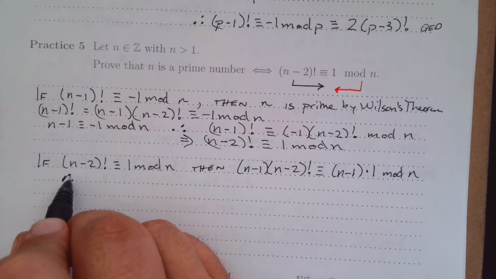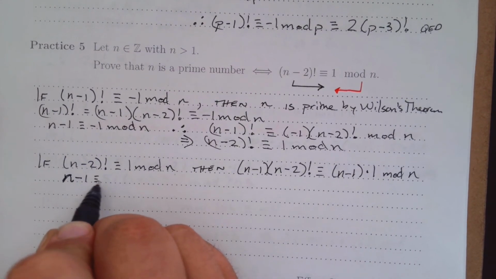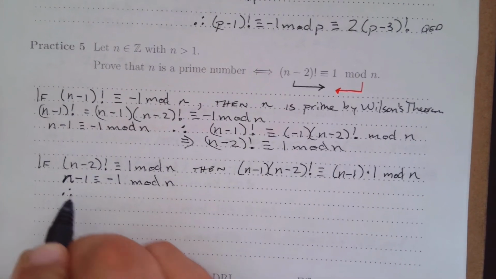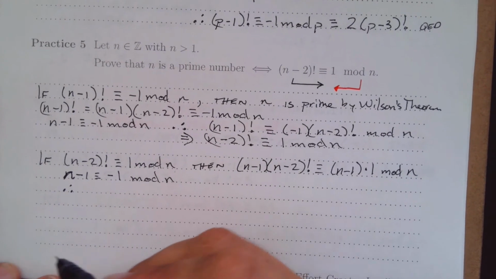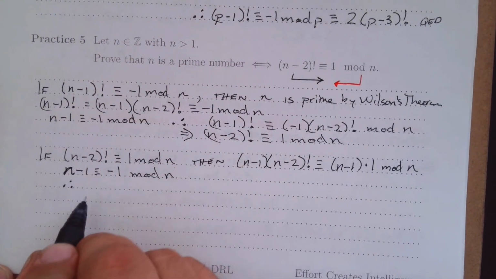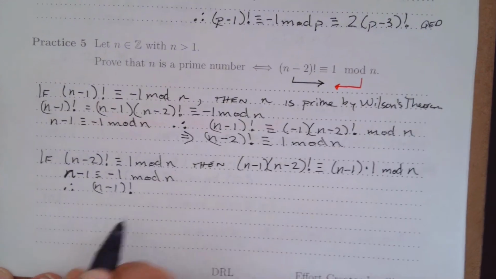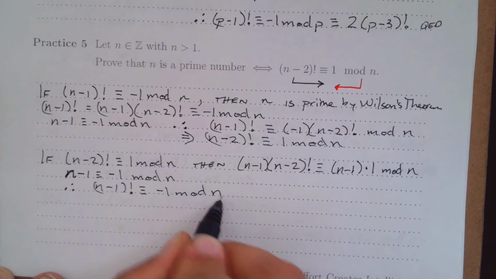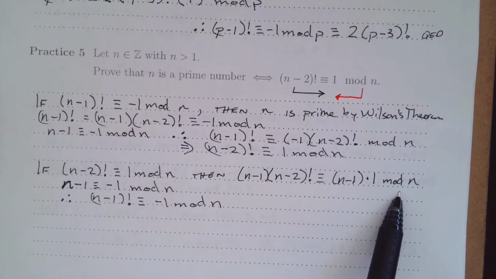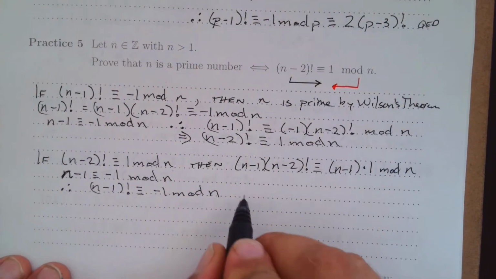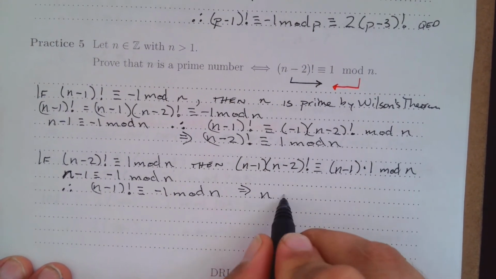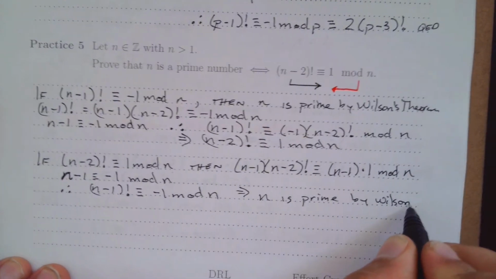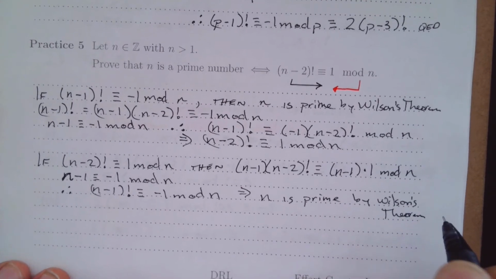Okay, which would then mean that, first we'll say, now we know that n minus 1 is equivalent to negative 1 mod n. So therefore, (n minus 1)! is equivalent to negative 1 mod n from this piece. Okay, which implies that n is prime, by Wilson's theorem.